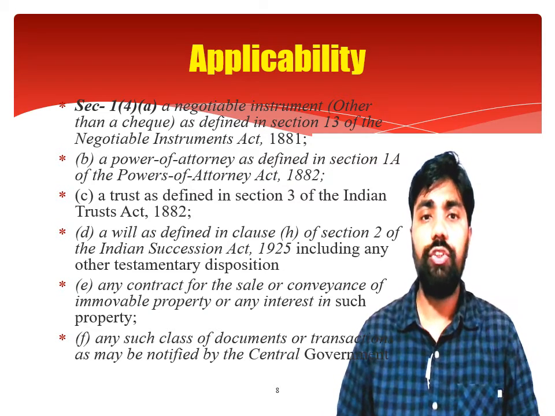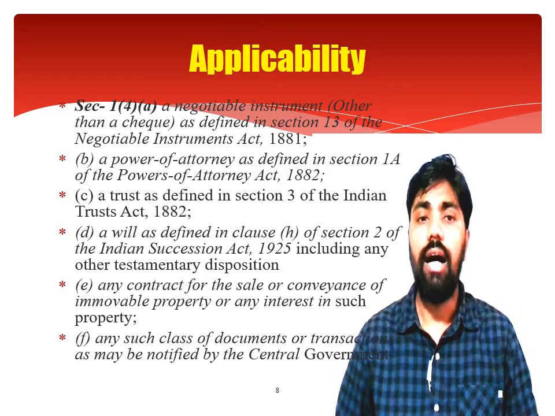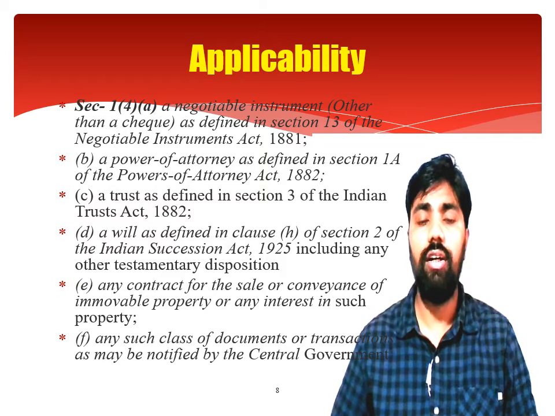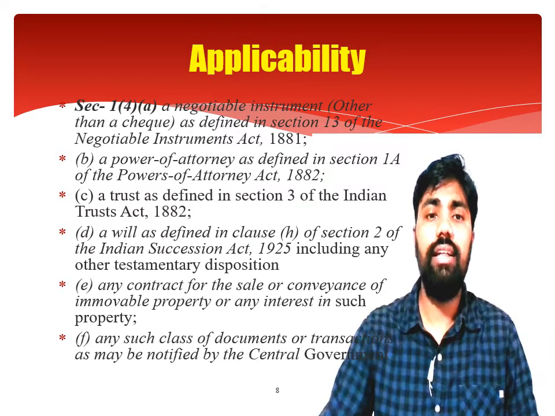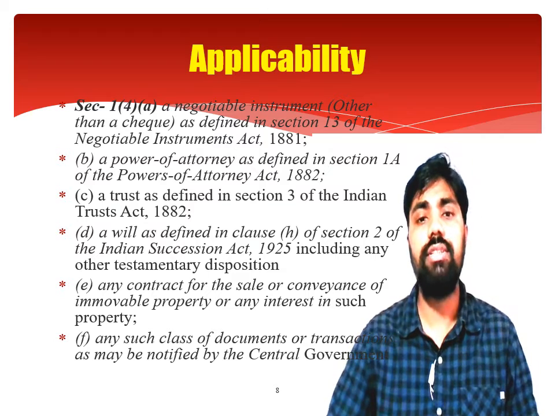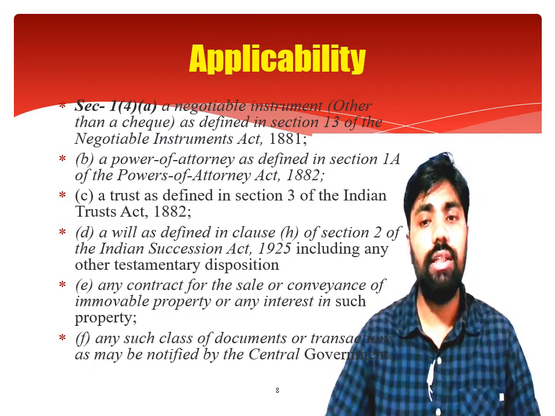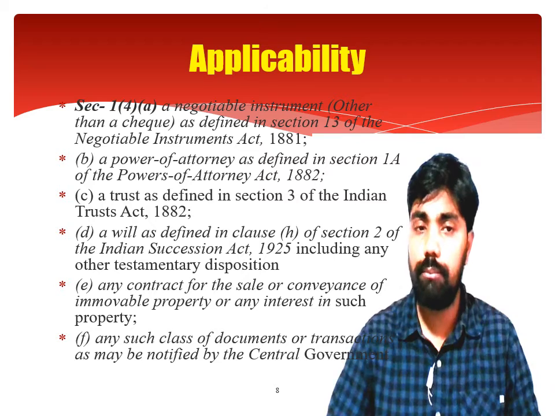On the promissory note, the Information Technology Act is not applicable because we don't have a note which is electronically available. Similarly, on the power of attorney, as defined in Section 1A of the Powers of Attorney Act 1882, the Information Technology Act is not applicable.